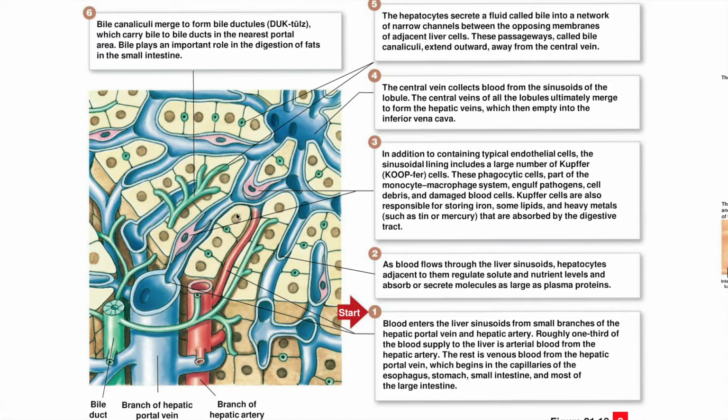So as the blood moves through here, it gets cleaned and the nutrient levels regulated, and then it goes into the central vein, and that's going to form the hepatic vein, which then goes back to the inferior vena cava. And then this green thing is a bile duct, so the liver produces bile.